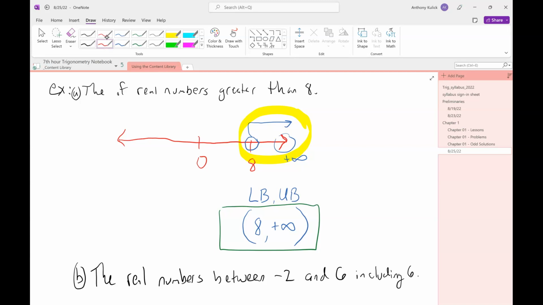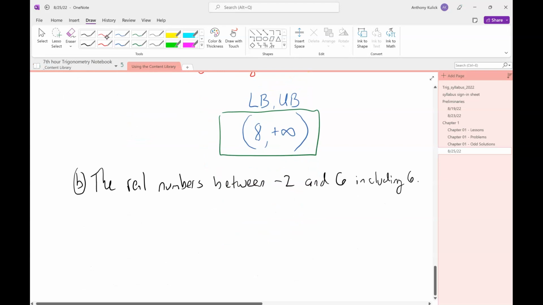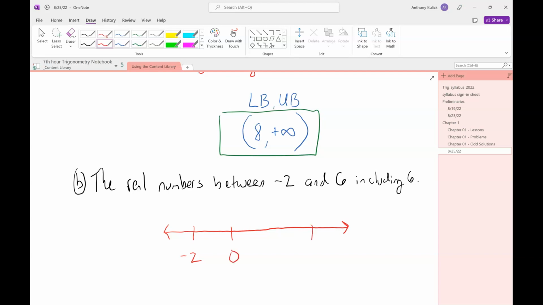Let's do another. This time, let's say we're looking for the set of real numbers between -2 and 6 that includes 6. Well, go ahead and draw my number line. I'll put in the numbers that I care about. Everybody okay there?